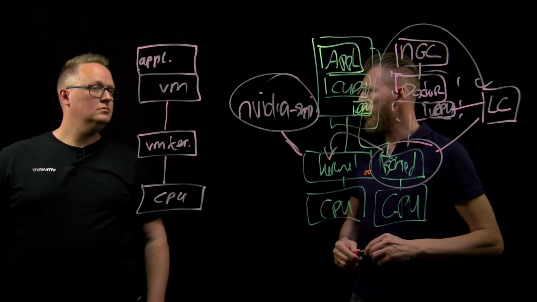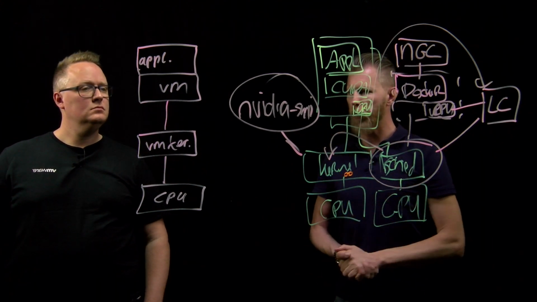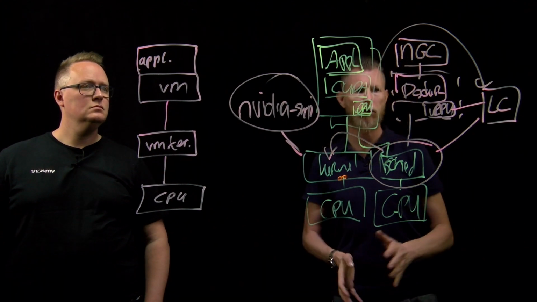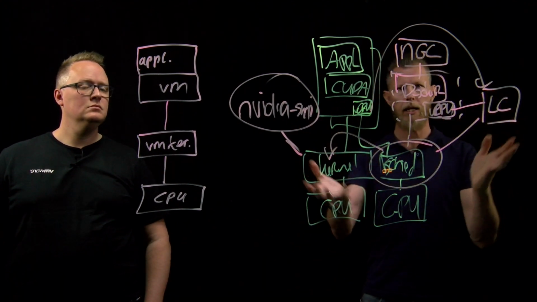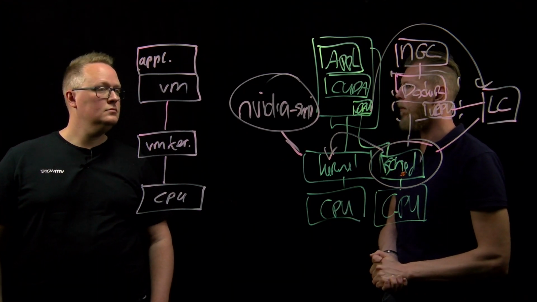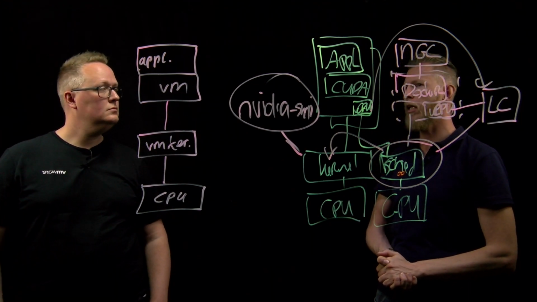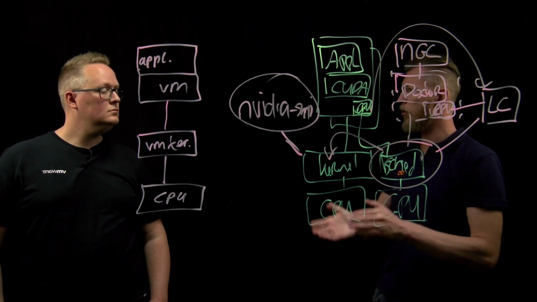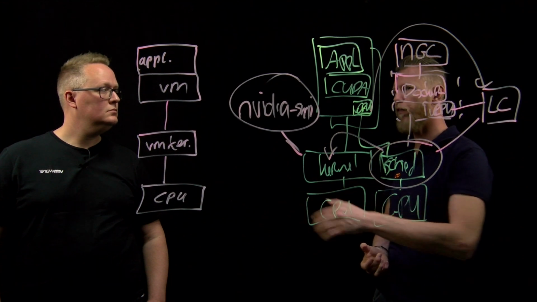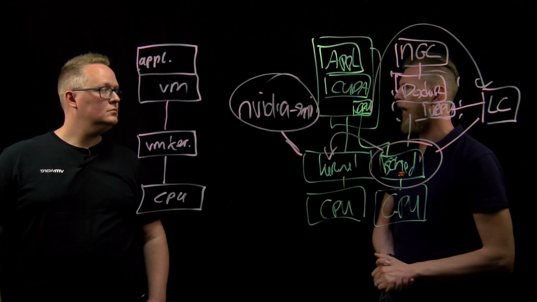Cool. All right. Well, we explained a lot about the different architectures, the different types of applications, the architecture from a vGPU perspective. Niels, if people would like to know more about the VMware side of things and the integration between the GPUs and vSphere, where can people find that?